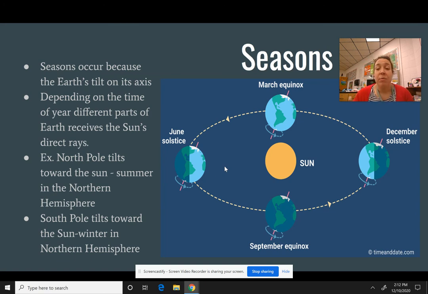Okay? So basically, if the North Pole tilts towards the sun, then that's going to be us. We live in the northern hemisphere. So we're going to be having summer if the North Pole is tilting towards the sun. The opposite is true for the southern hemisphere.